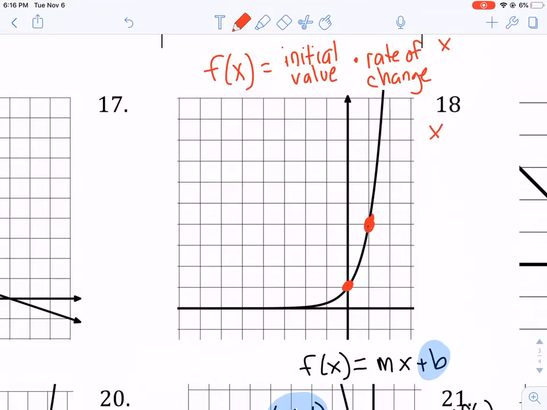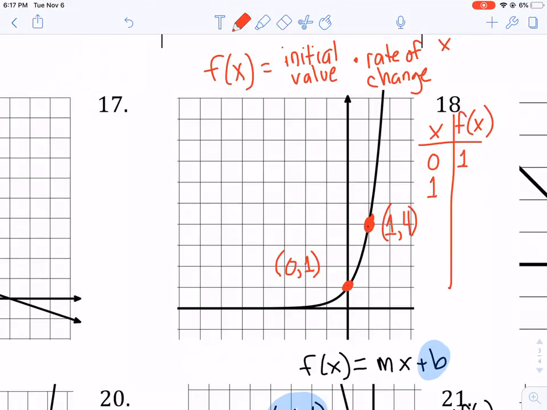So I'm going to make a table. Again, inputs and outputs. My first ordered pair here is 0, 1. My second one is 1, 4. 1, 2, 3, 4. So I'm going to put these pairs in. Typically we like to have 3 points, but in this case we'll only have 2.